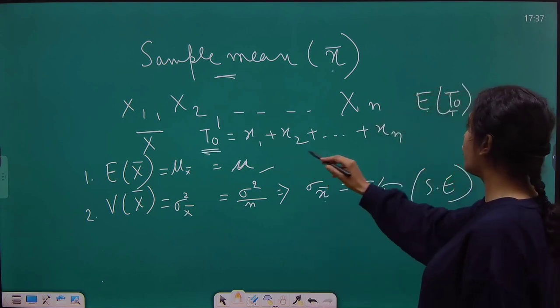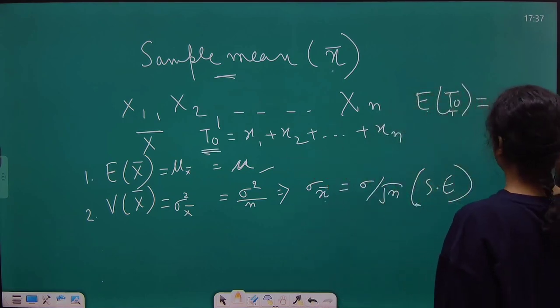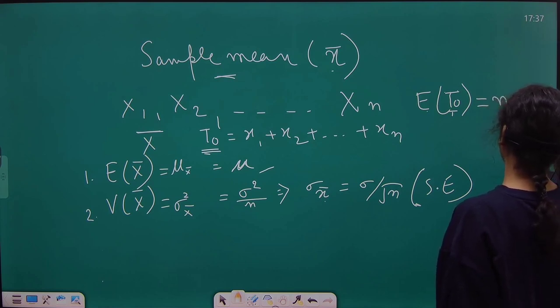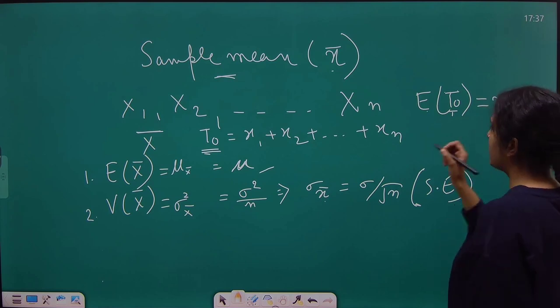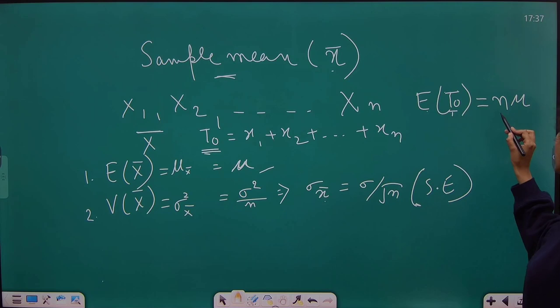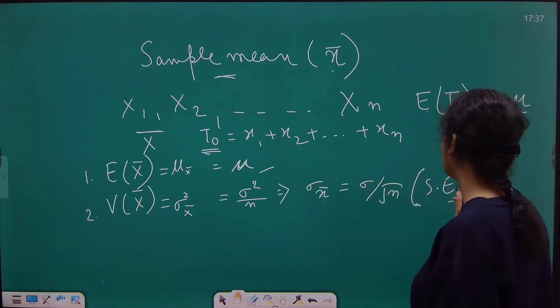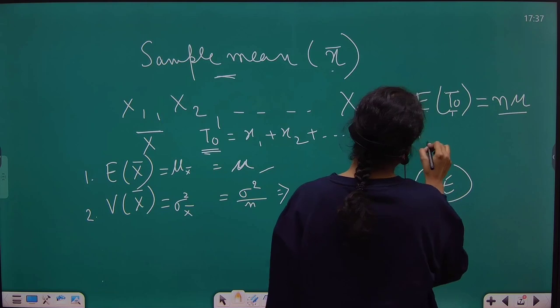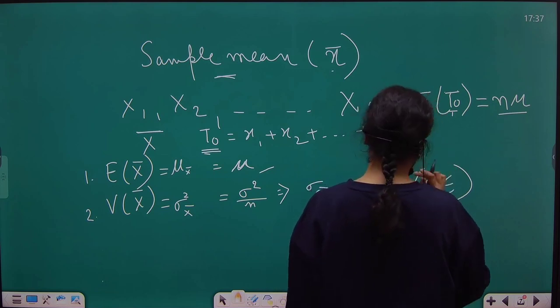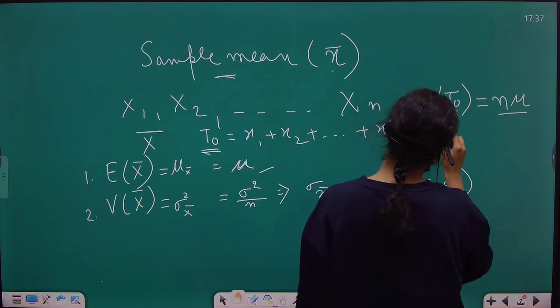The expectation of the total will be n mu. That is, the mean and the number of samples will give the expectation of the sum of the total sample.